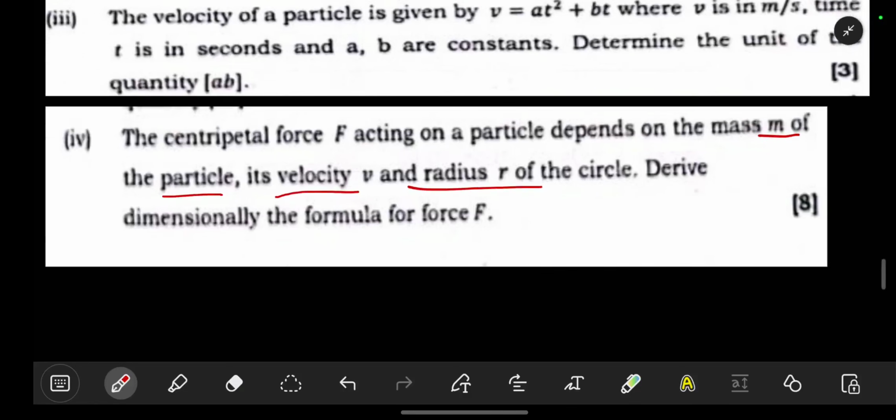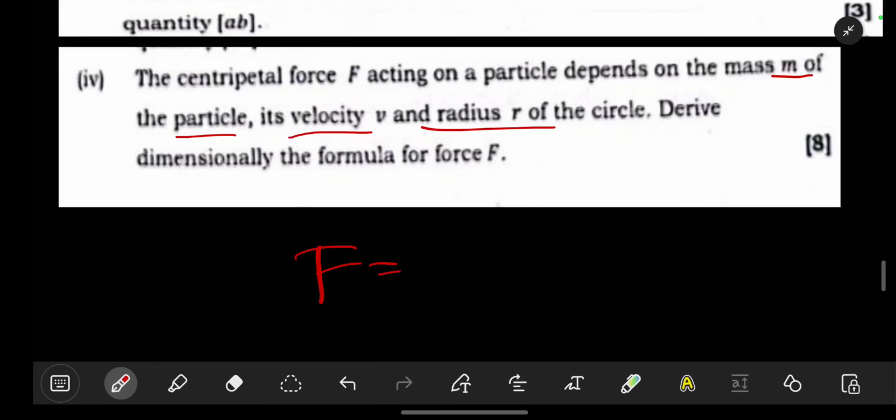Derive the formula for force. So the expectation is force is equal to mv squared over r. So this is the formula for centripetal force. This is at least what we should expect, mv squared over r, like that.